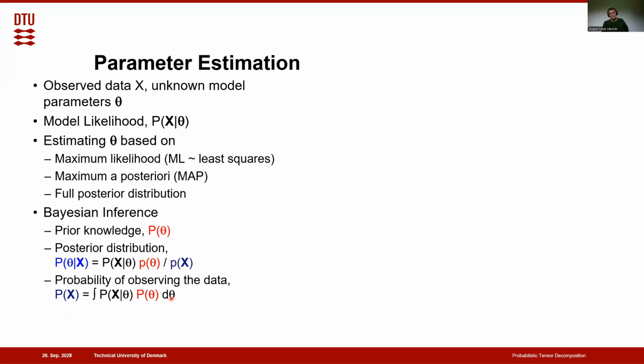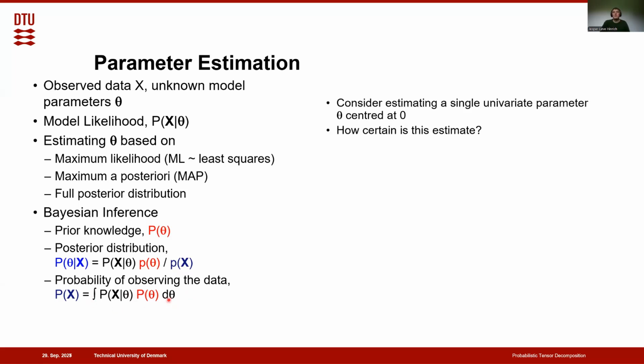As soon as you go towards even slightly big or complicated models, you cannot calculate the integral. It becomes intractable, so you cannot get the true posterior distribution.